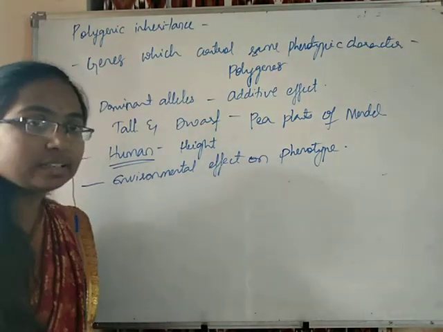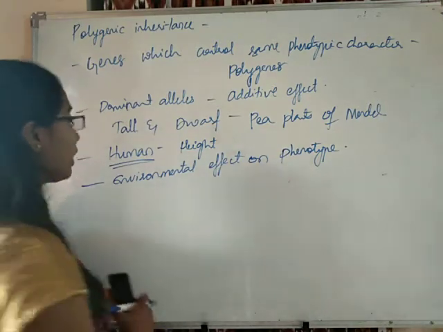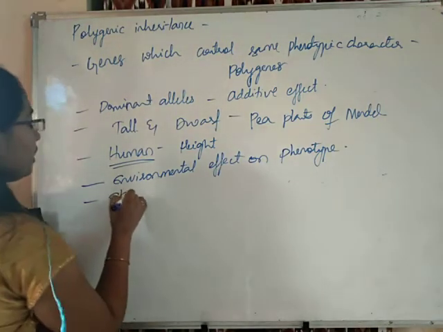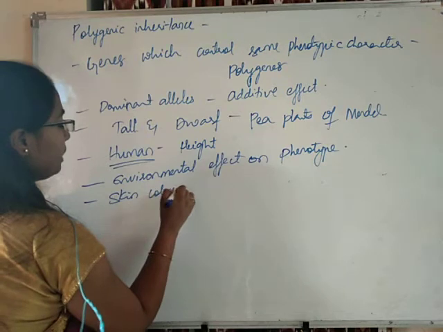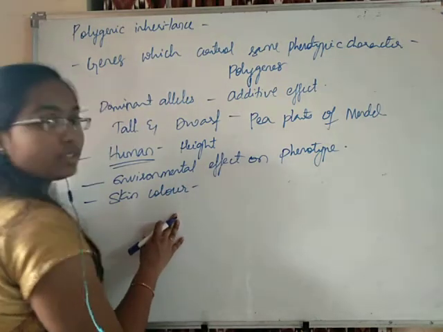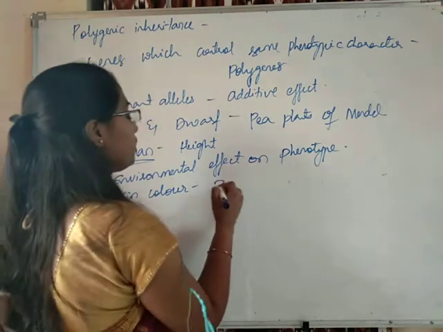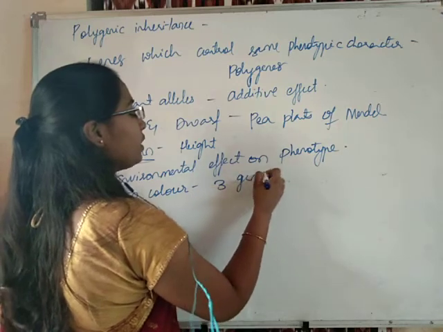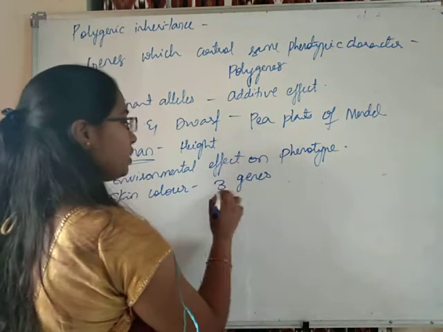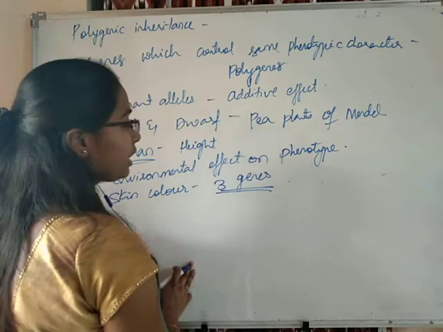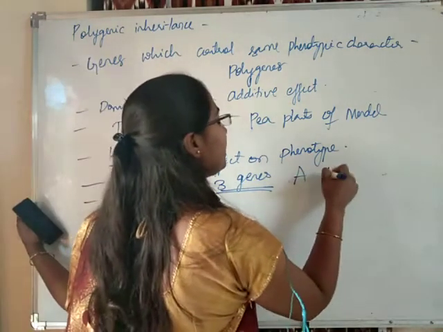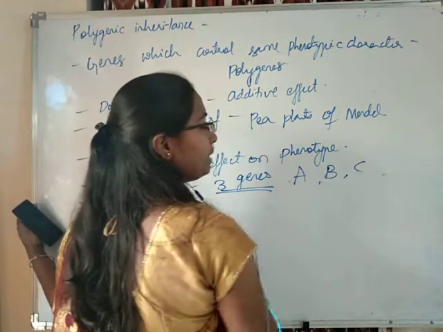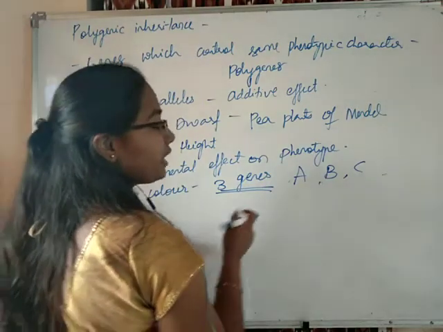For example, let us take human skin color. Let us imagine that there are 3 types of genes controlling human skin color. Let us assume that they are A, B, C, with their alleles also.